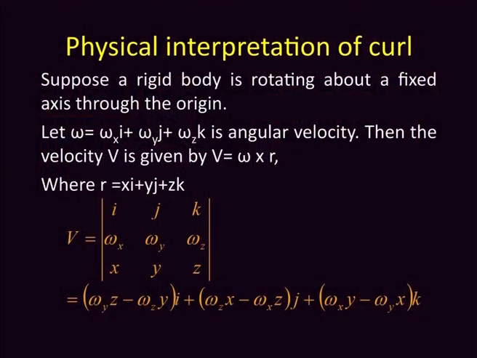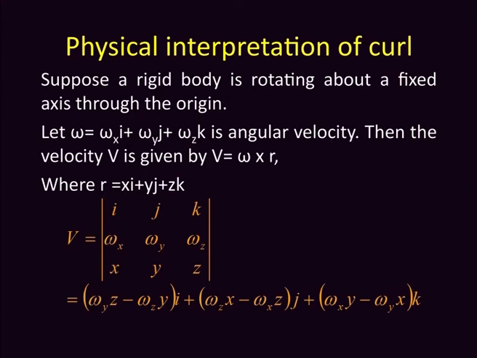Now, I will explain the physical interpretation of curl. Suppose a rigid body is rotating about a fixed axis through the origin. Let omega equal omega x i plus omega y j plus omega z k be the angular velocity, then the velocity v is given by v equals omega cross r, where r is equal to x i plus y j plus z k vector.